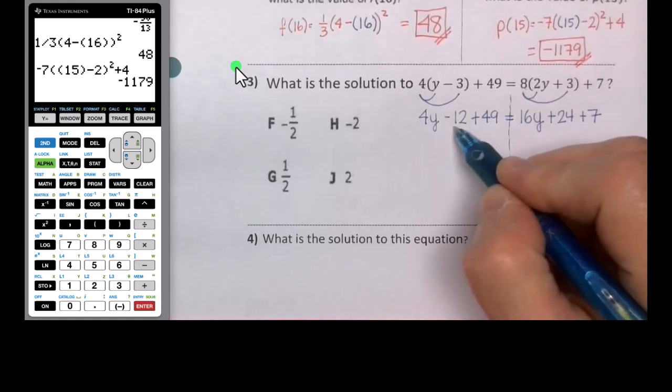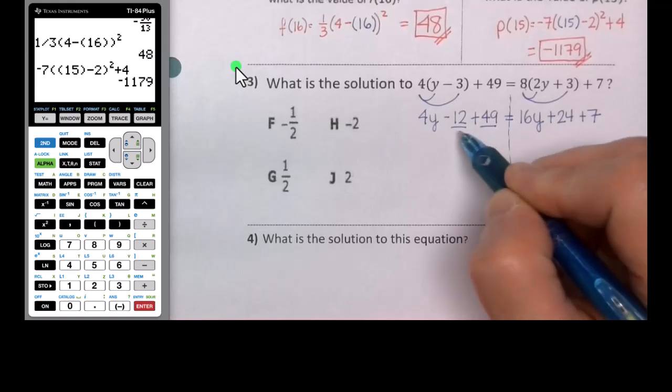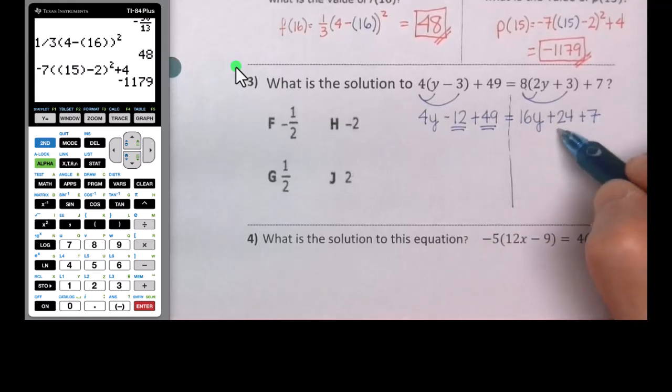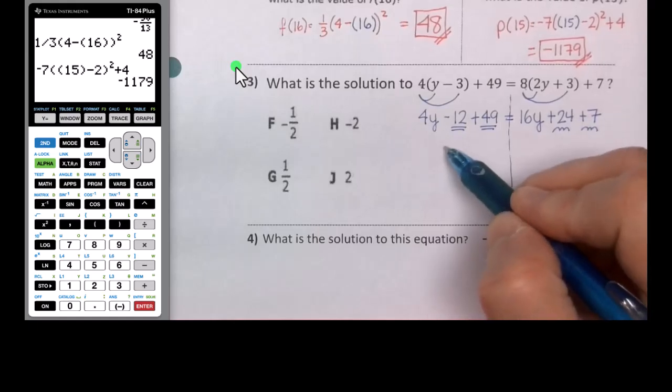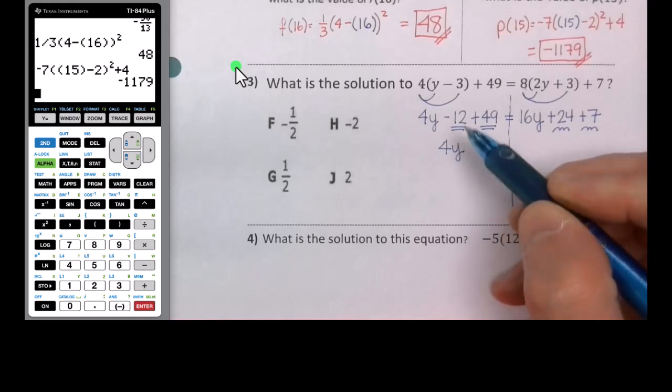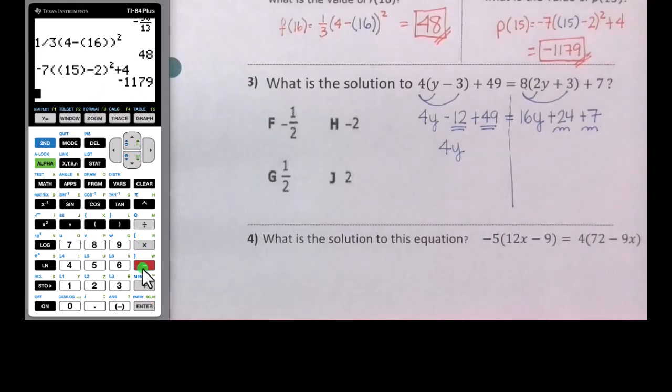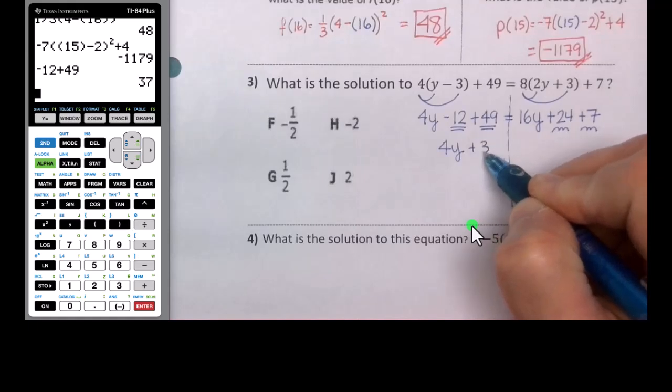Now we're going to combine like terms, so negative 12 plus 49 on this side, and on this side I'm going to combine 24 and 7. So the 4y, I bring it down, and then negative 12 plus 49. Make sure you double check that is correct. Yes, it is.